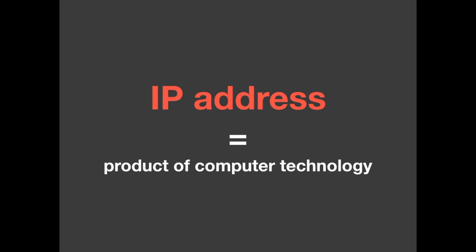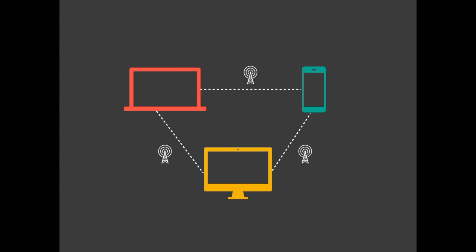IP address is a product of computer technology that allows computers or smart devices to communicate with other devices over the internet. IP address also allows us to locate and differentiate billions of devices from one another. This group of numbers create an address that lets everyone around the globe to send and receive data over an internet connection.